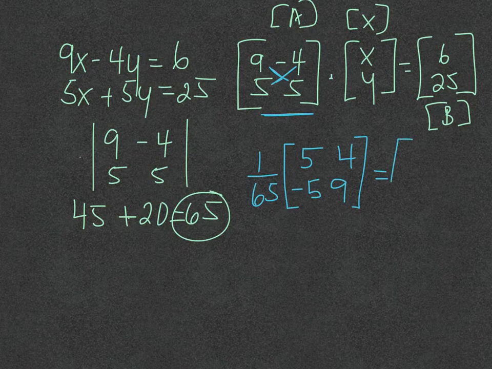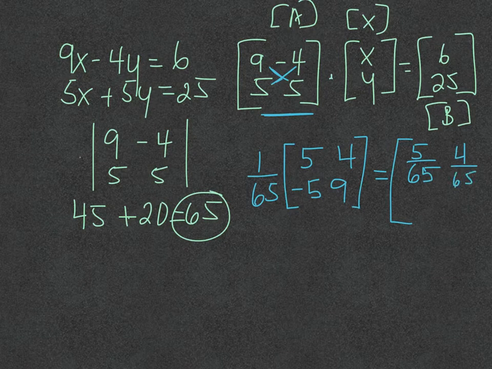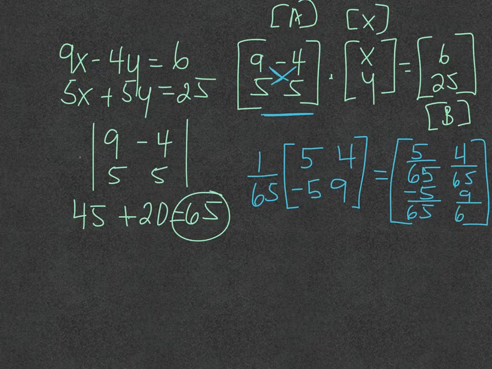And then my inverse matrix goes this way. 5 times 1 over 65 is 5 over 65. Then we get 4 over 65. Then we get -5 over 65. Remember, you do a scalar multiplication, and then 9 over 65.